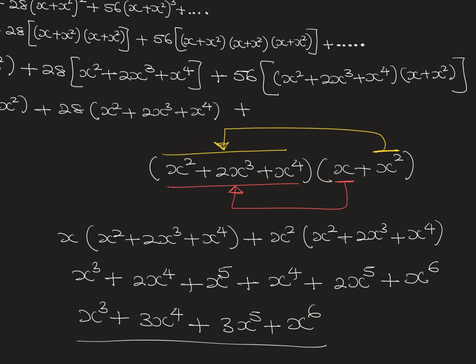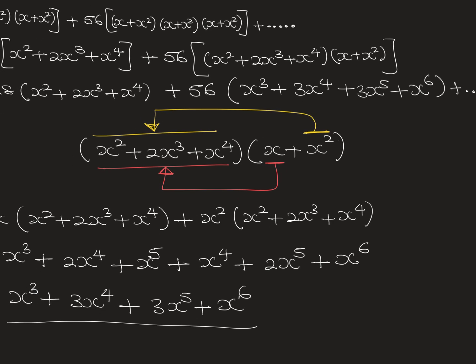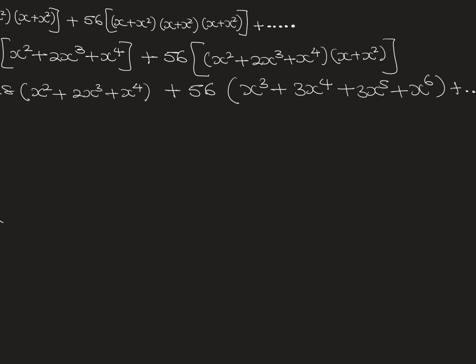Now we can have 56 into, the expansion for this is the answer that we have here. That is x to the power 3 plus 3x to the power 4 plus 3x to the power 5 plus x to the power 6. All right, then plus continues. Now we can delete this.